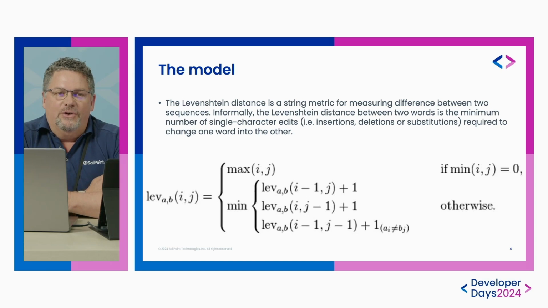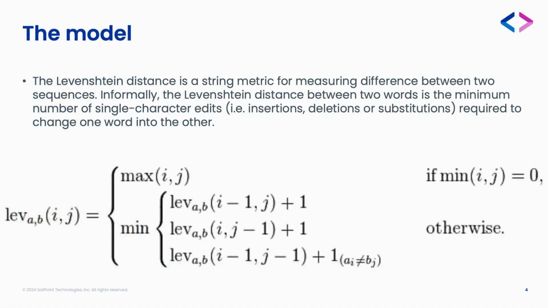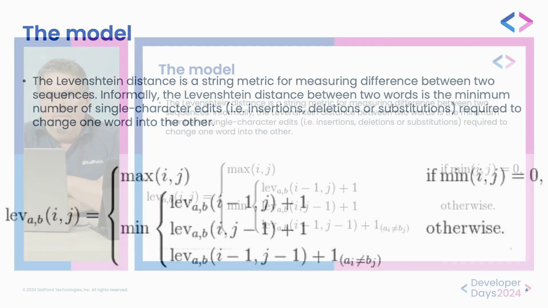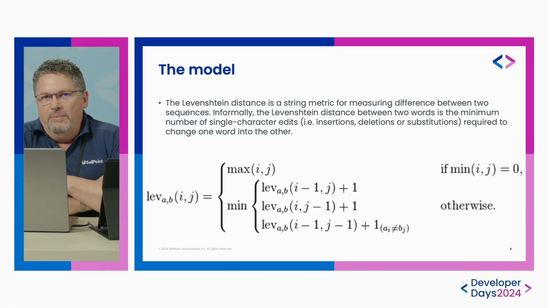If we look at the algorithm, this is really a pictorial graph representation of it. You can go through this from a math perspective and figure out what all it's doing. But the idea is how many single character edits, insertions, deletions, substitutions are required to change one word into another, right? So how much of a variation is one word to another?